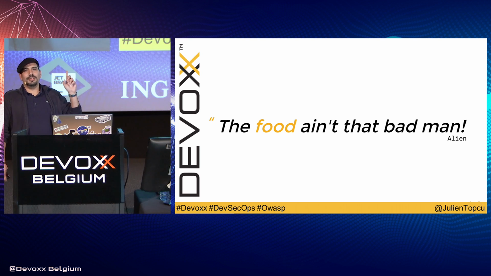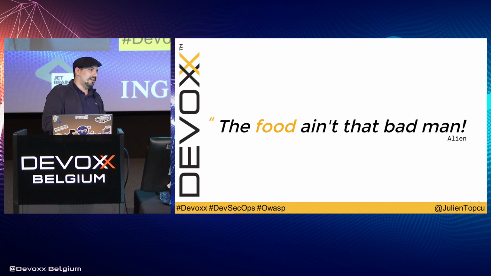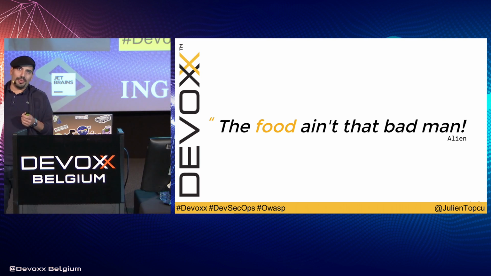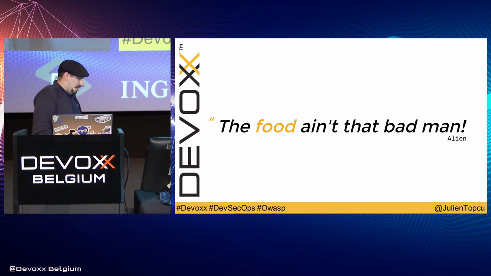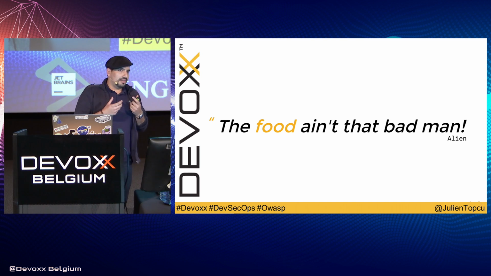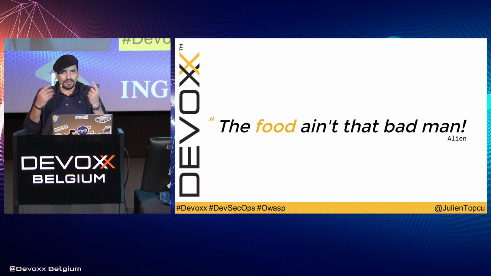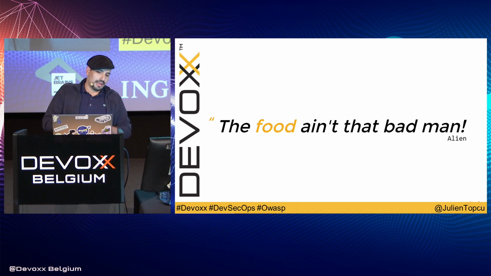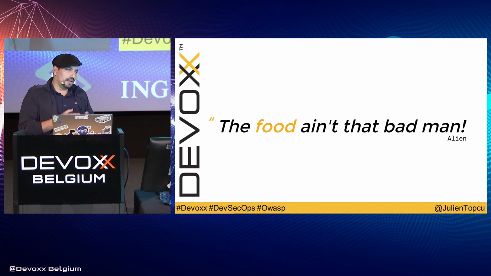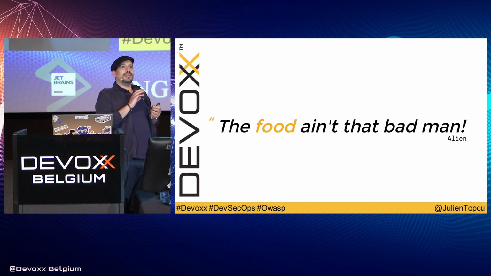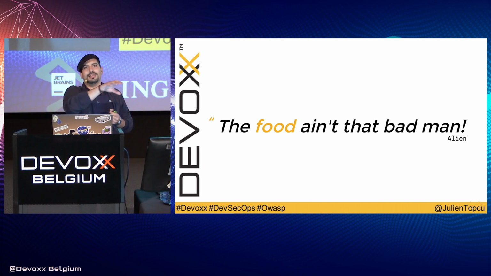The first one. So this is the scene where you can see the crew eating around the table. And one of the guys is complaining about the food. And suddenly, it looks like he's suffering a lot, and nobody was understanding what's going on. And one of his friends, thinking he was making a joke, said to him, "The food ain't that bad, man." And suddenly, you have an alien embryo that just burst the chest of the guy.